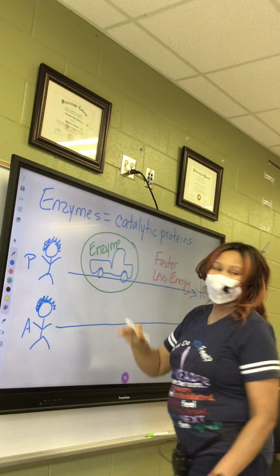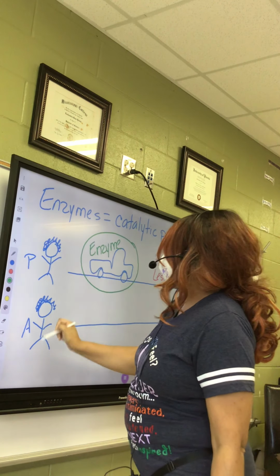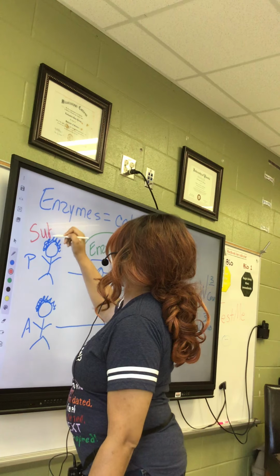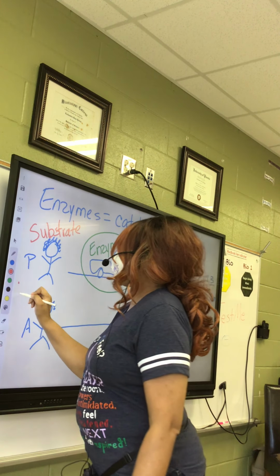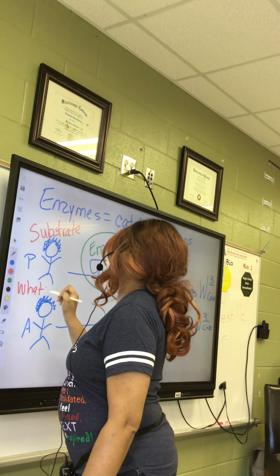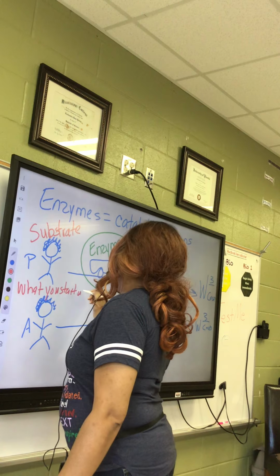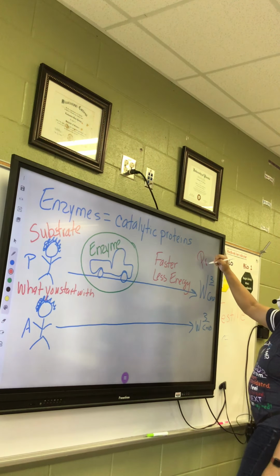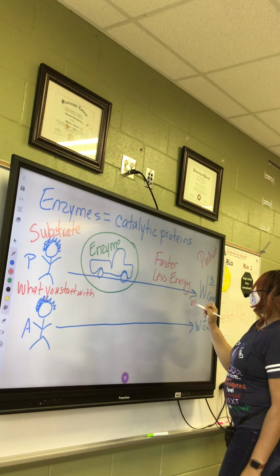That's what enzymes do for chemical reactions. So the starting point is called my substrate. The substrate is whatever you start with, okay? My ending point is called my product. The product is whatever you end with.